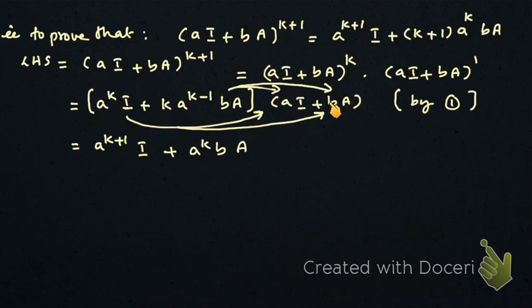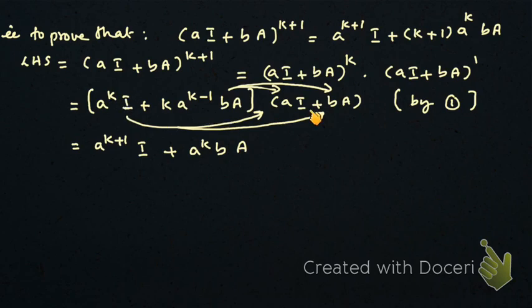A raised to k into b, the numbers, is a raised to k b, and I into A is A.